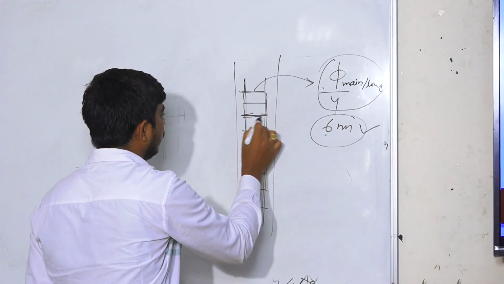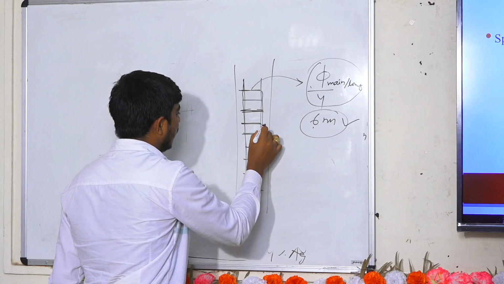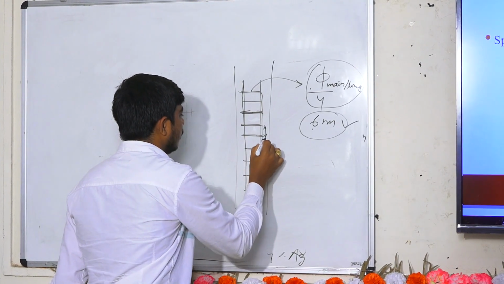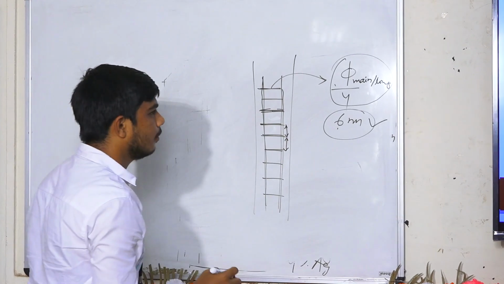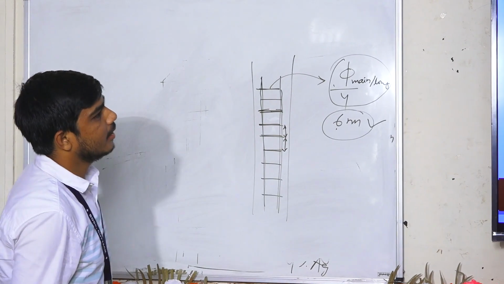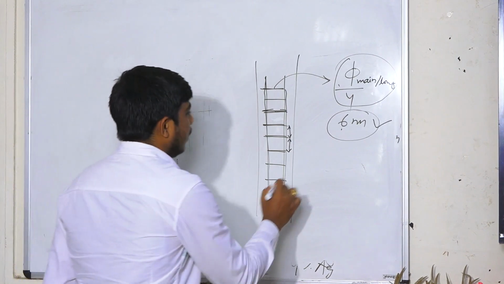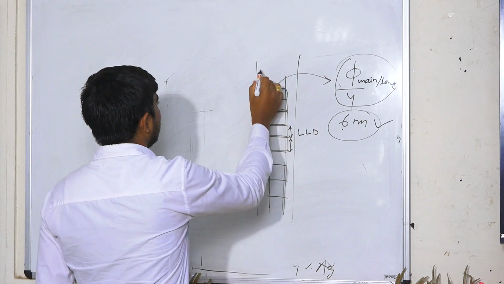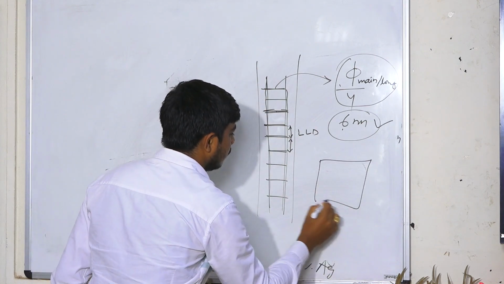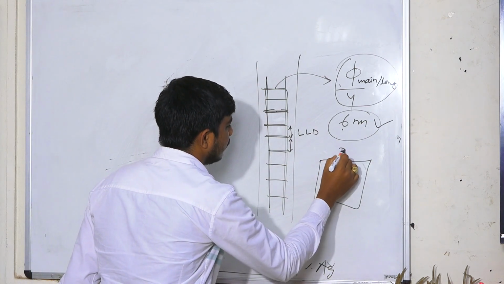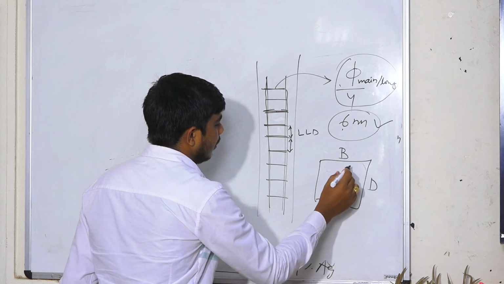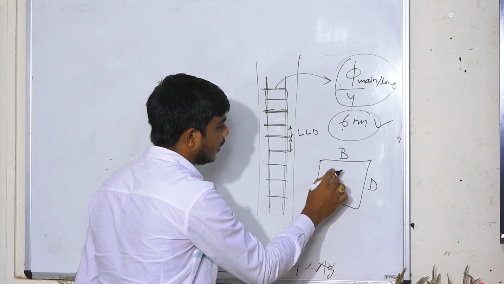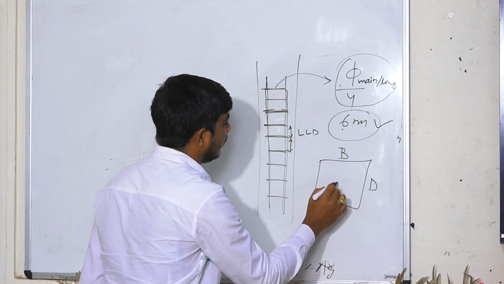Then spacing also we need to provide. At what spacing should we provide it, like what should be the distance between two lateral reinforcements. This should be based on the following criteria. Least lateral dimension means the column dimension. We have two dimensions, one is B and one is D. Maybe both are same in case of a square column, but if both are not same, then take the minimum dimension.